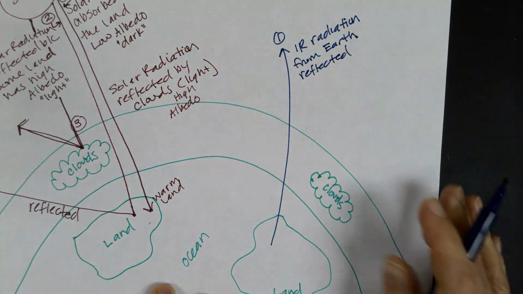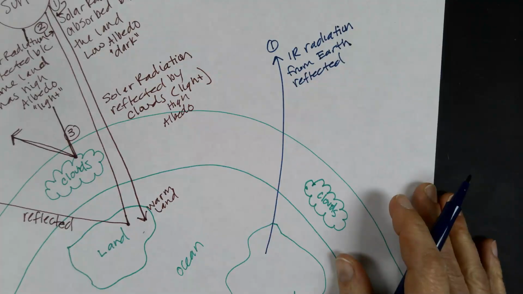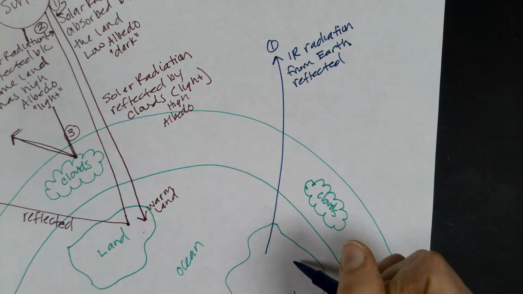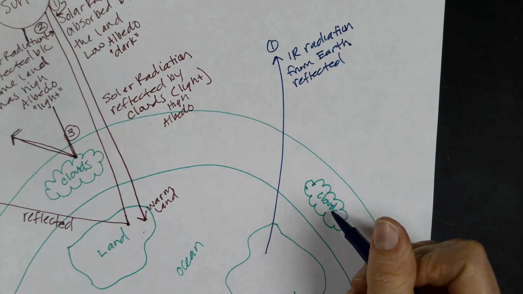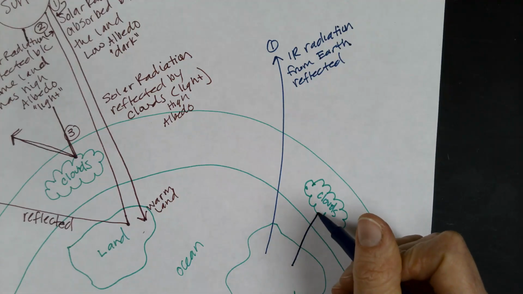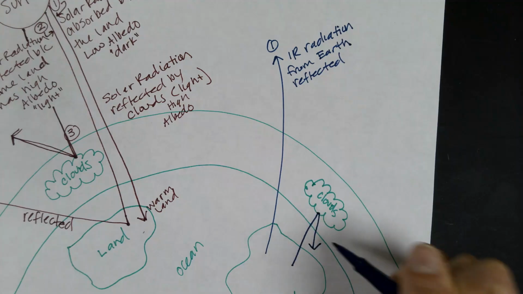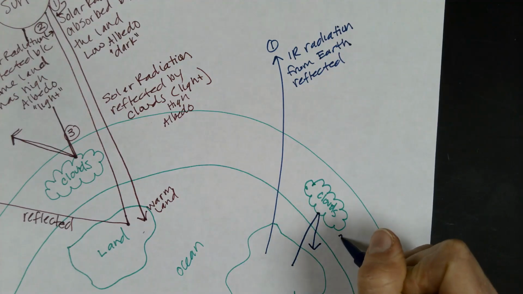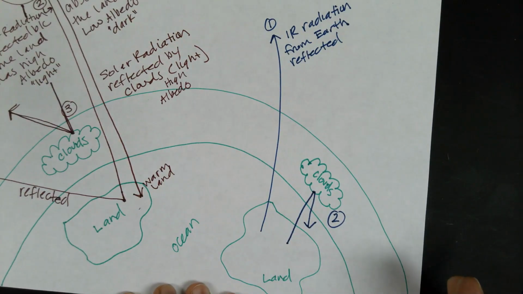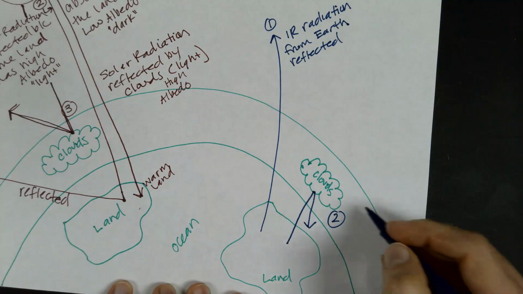So IR radiation from Earth is reflected, okay? And also, because clouds are white, sometimes IR radiation goes up to the clouds and then it gets reflected back. So IR radiation also can get reflected back to Earth because of the clouds.